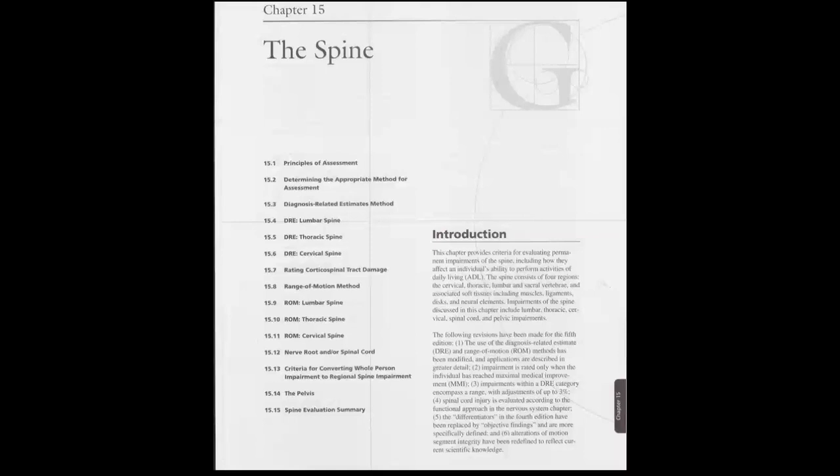That's how that works. So we're going to cover the 5th edition of the impairment guides. There are 6 editions, but we're going to cover the 5th. And the reason that we're going to use the 5th, unless your state says otherwise, and I don't know of a state that forces anybody to do the 6th edition specifically, is because it's most specific for the soft tissue spinal injury.